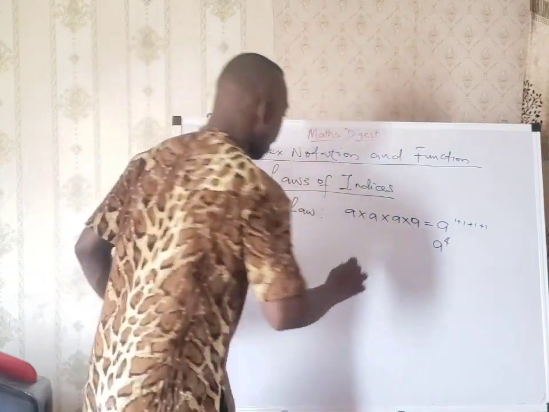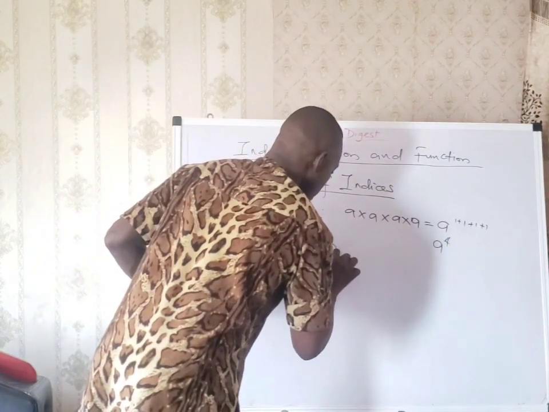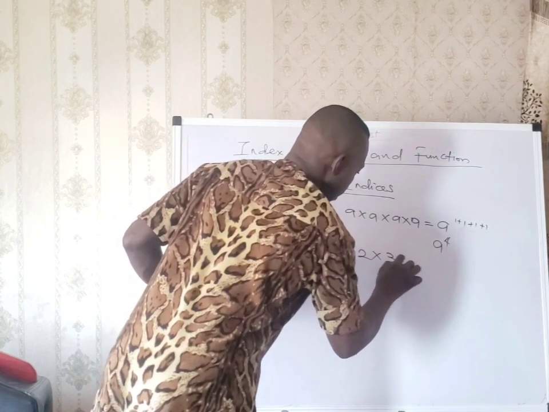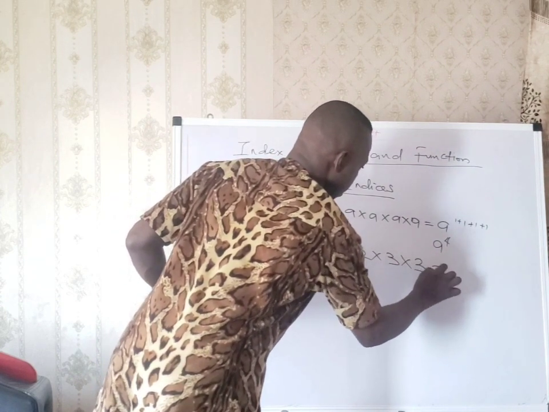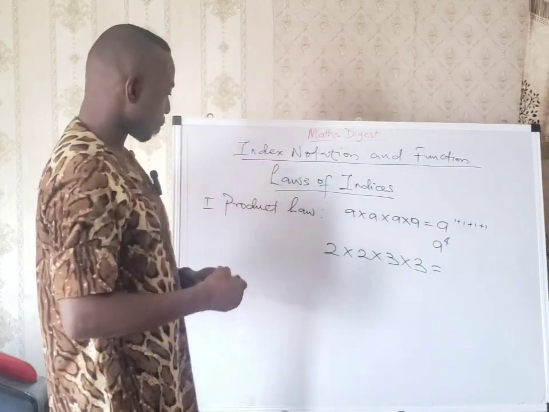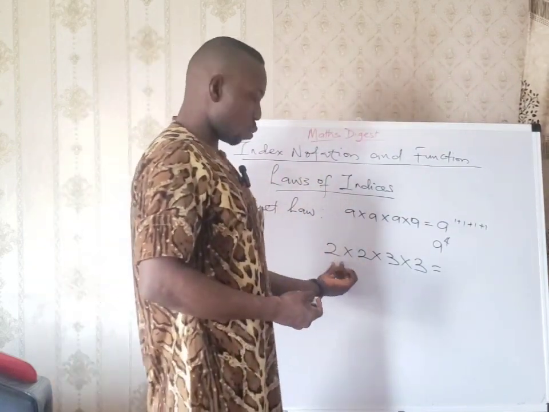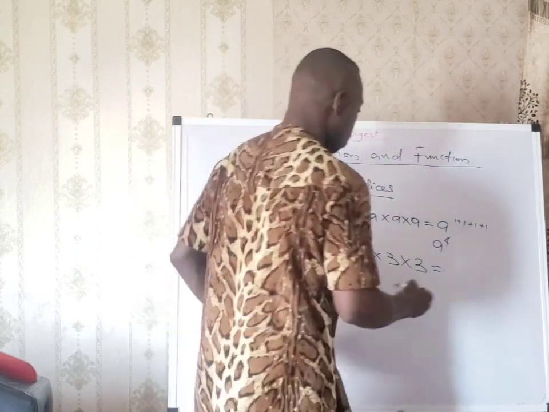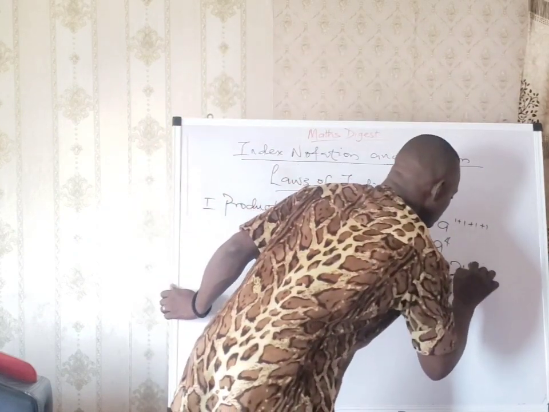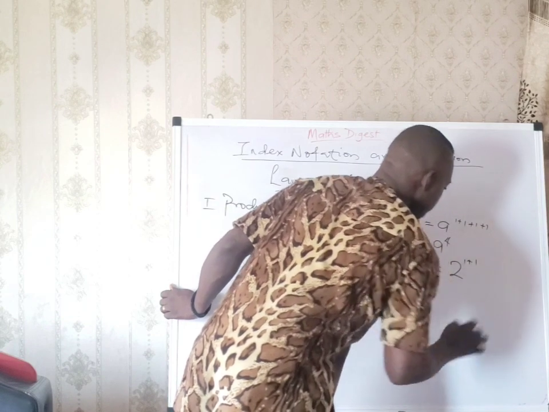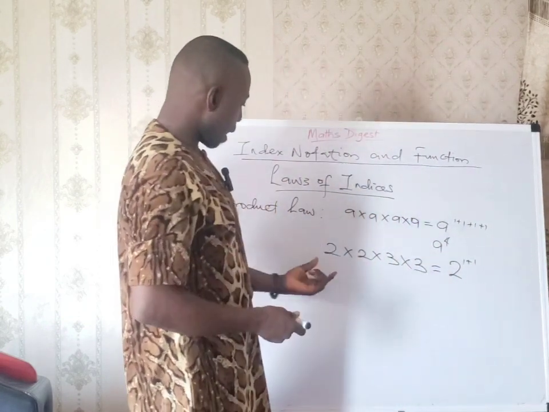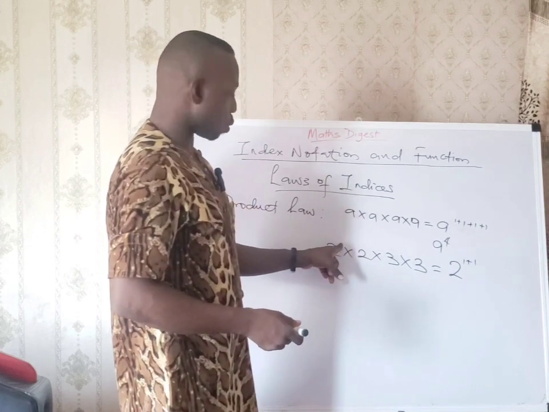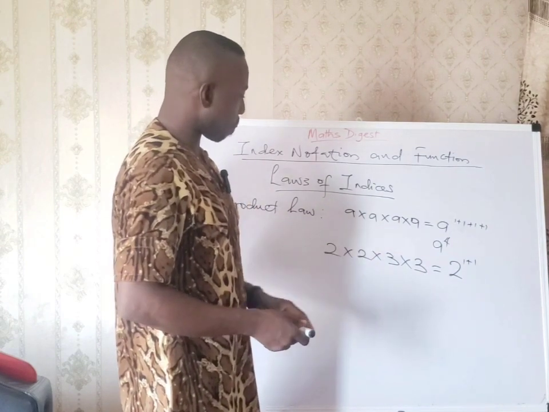Okay, and if you have 2 times 2 times 3 times 3, this simply means that we have 2 in two different places, and we have 3 in two different places. What you simply do, you say 1 plus 1, because of the 2 we just have 2 of them here, and in each we have 1 as the power.